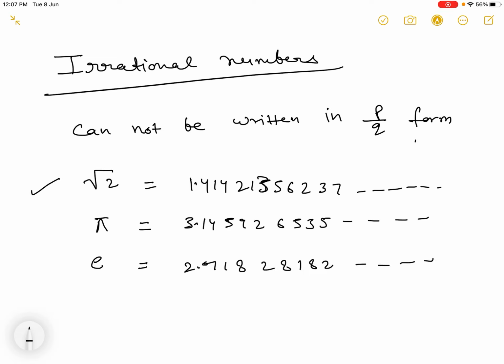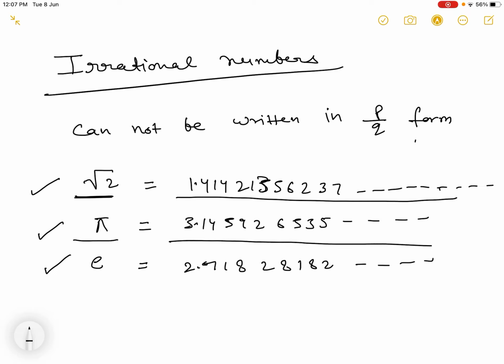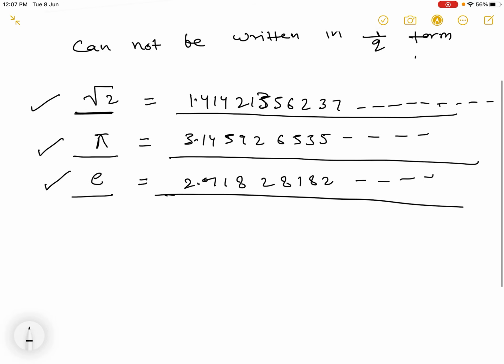So we have root 2, pi, and e. We can see root 2 has a value which is never ending. It's going and going. And pi has a value that's never ending, and the Euler value is also never ending. So we don't have a fixed value, right?